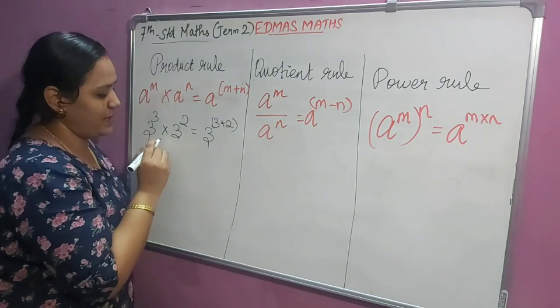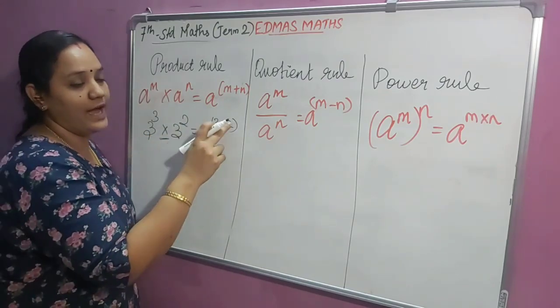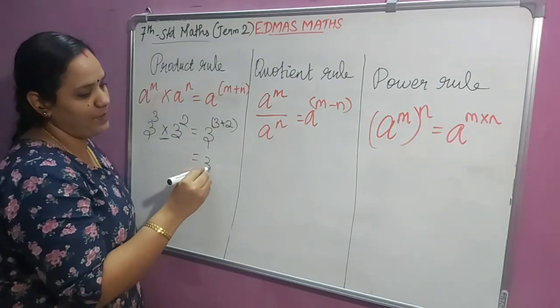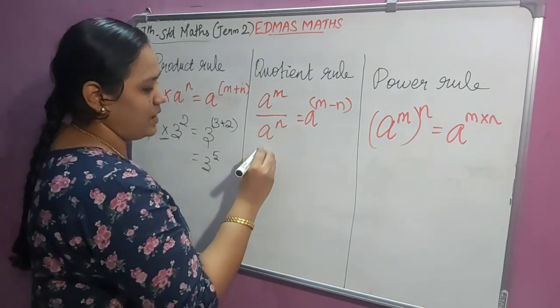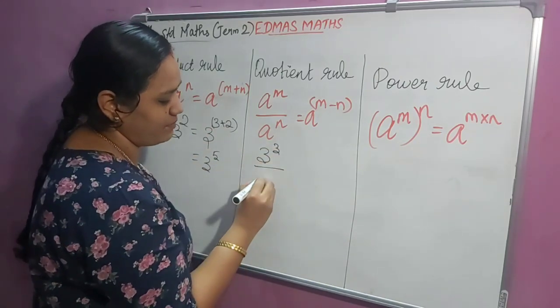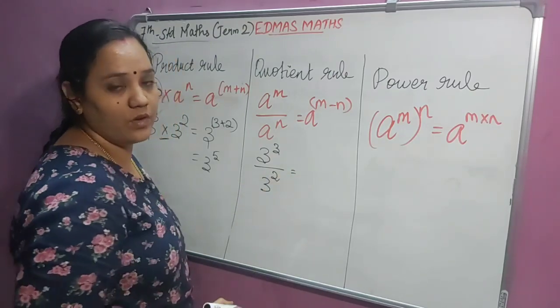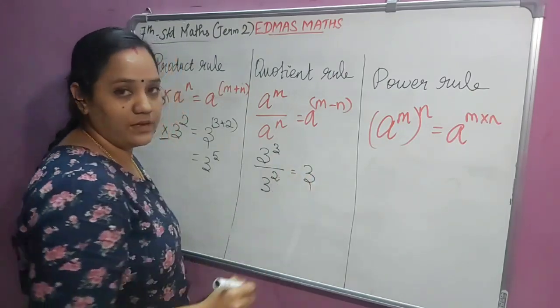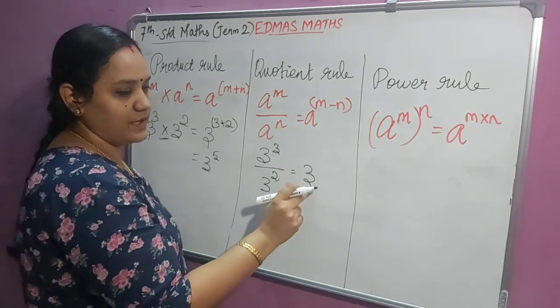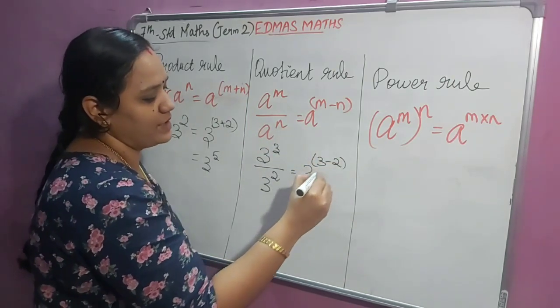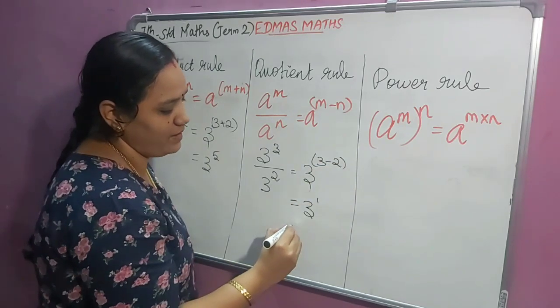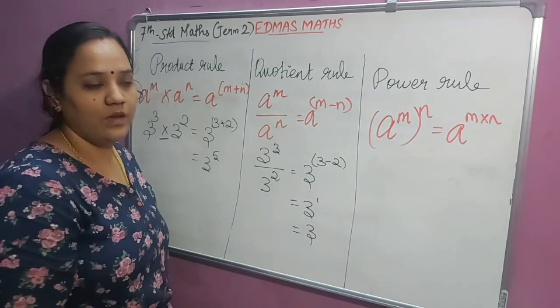Since we have a multiplication symbol here, I am going to add the powers. So 3 power 3 plus 2 is 5. That is your answer. Same, I am taking here 3 power 3 divided by 3 power 2. So commonly I can write 3. So here I have to subtract. So 3 minus 2 is 1. So 3 power 1 which is nothing but 3.